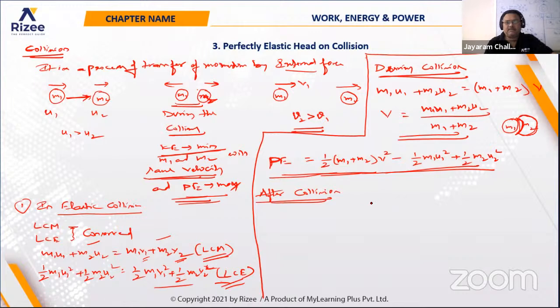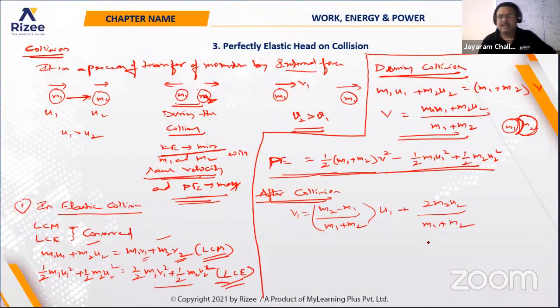So coming to the after collision conditions, the velocity of the first body will be V1 equals (m1 minus m2) by (m1 plus m2) times u1, plus 2 m2 u2 by (m1 plus m2).